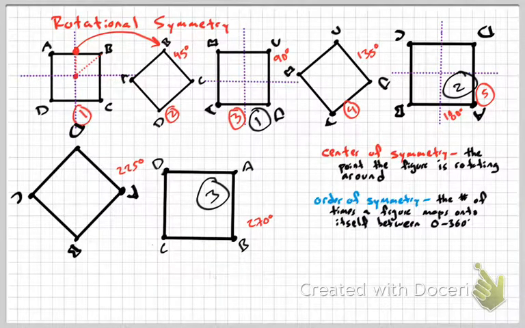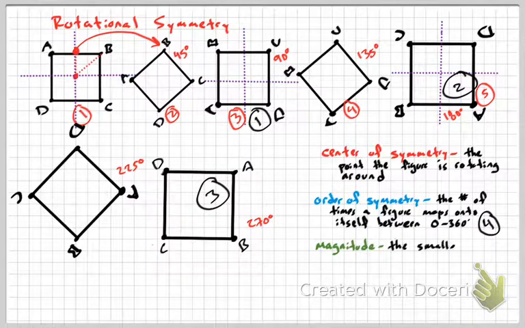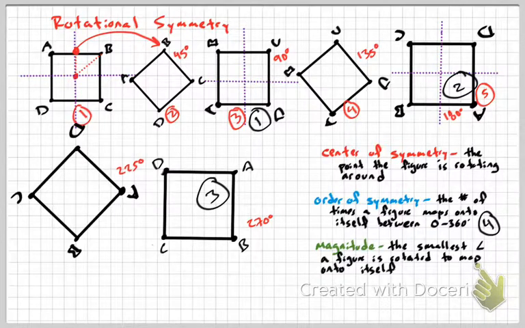So the order of symmetry for this figure is 4. And the magnitude is the smallest angle a figure is rotated to map onto itself. And the way that you can find magnitude is 360 divided by the order.